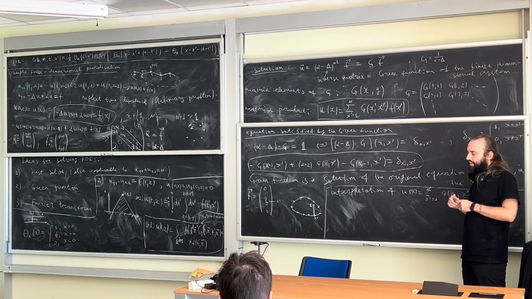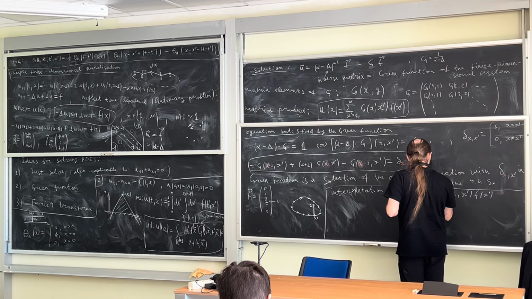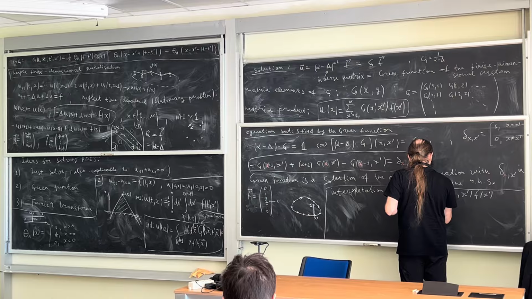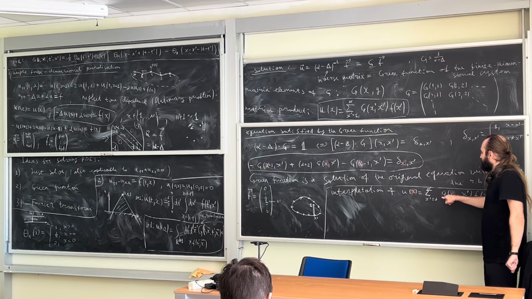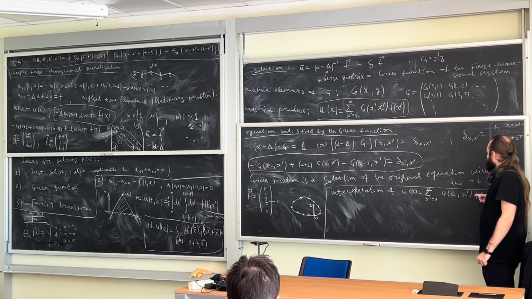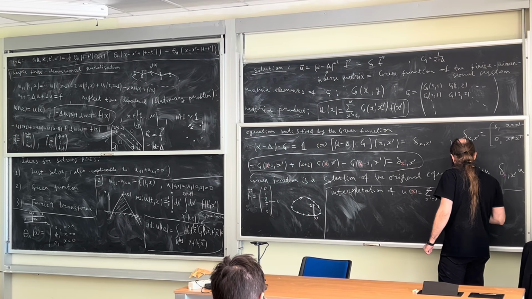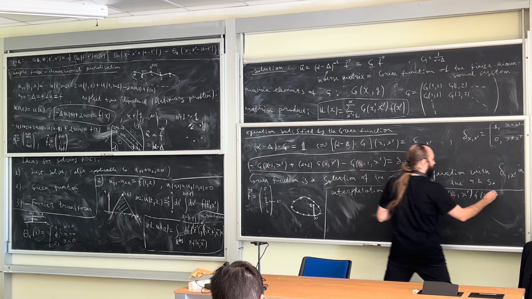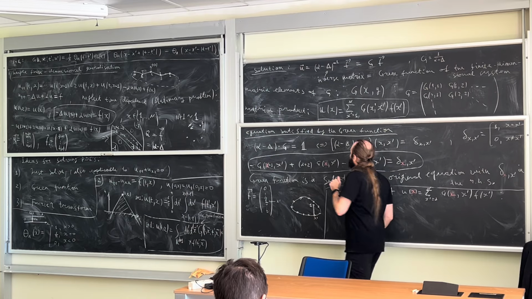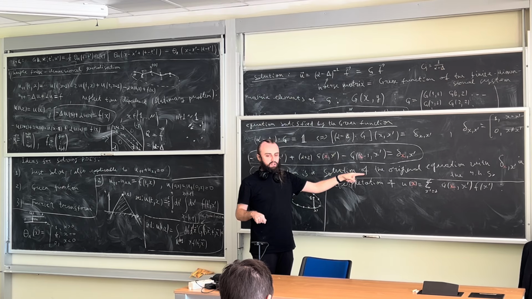So let us look at this formula. The only x dependence here comes from the Green function. So we can say that we can perform a trivial expansion of arbitrary right-hand side over this delta Kronecker.